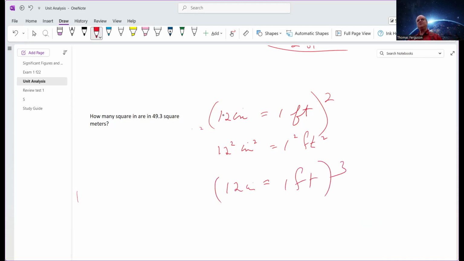If we want to do cubic inches to cubic feet, it can be the same kind of deal. So we're doing 12 cubed inches cubed equals 1 cubed feet cubed. So now we have square, cubic.